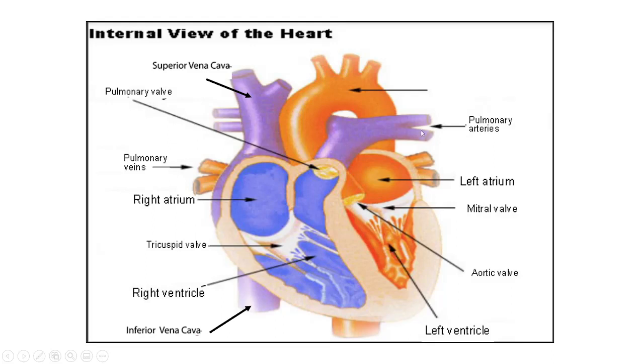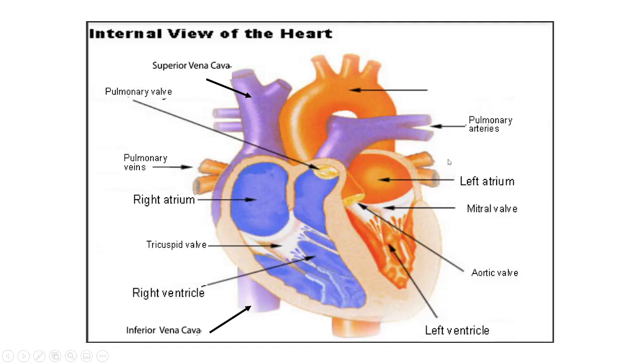So this will be the left lung, and over here we have the right lung. And then the blood will go through the lungs, and then it will re-enter the heart here, through what are known as the pulmonary veins. And it is the same on the other side. So this is also the pulmonary veins.